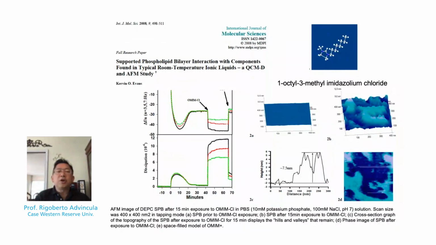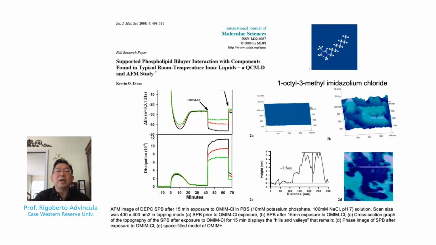That means that the introduction of the ionic liquid, as shown in the plot, causes a big change in the frequency and the dissipation with various conditions, including a change in pH and sodium chloride concentration. The different colors here actually represent different concentrations of the lipid bilayer.